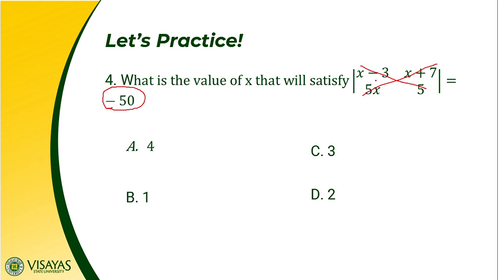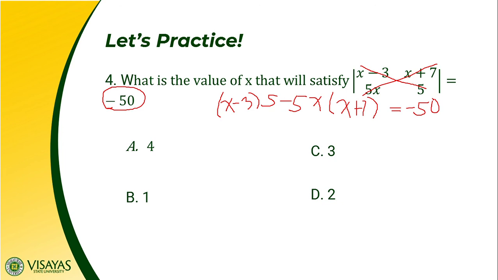So therefore we have here x minus 3 times 5 and minus 5x times x plus 7. Okay, so this one is equal now to negative 50.